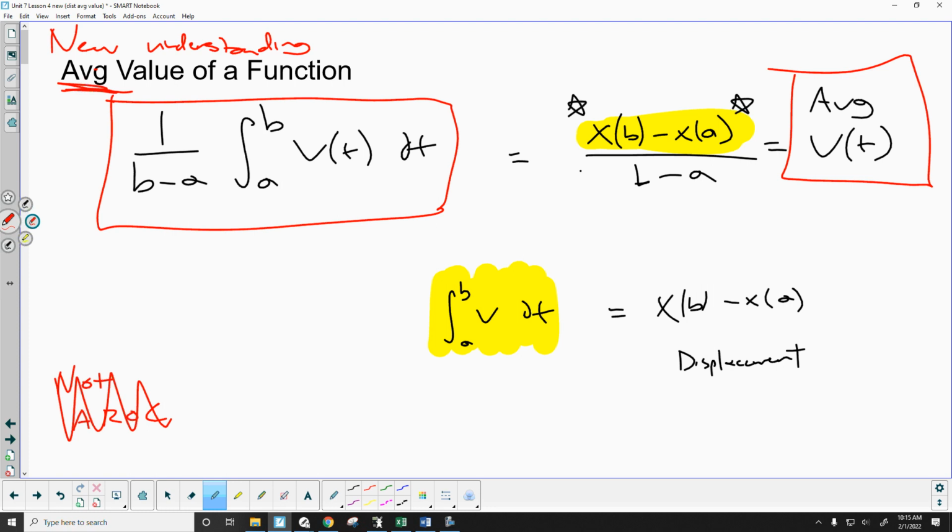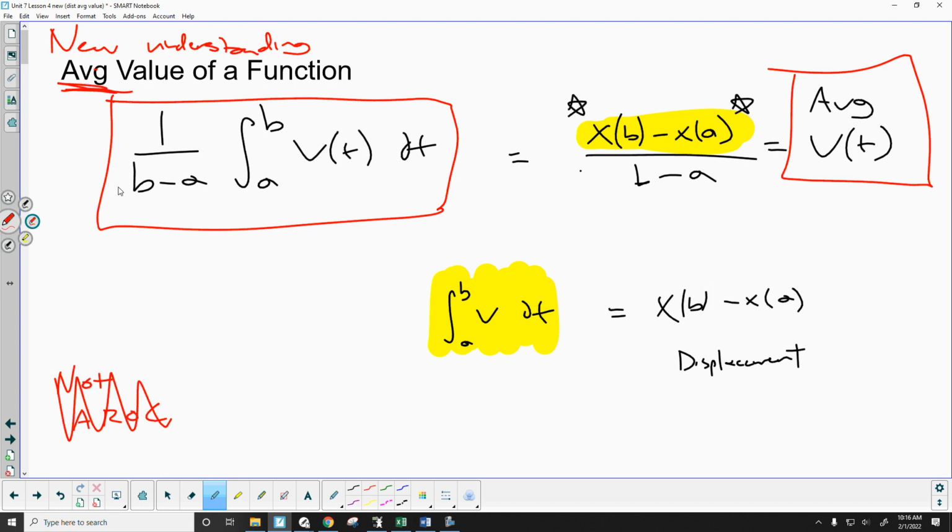Now, it's kind of like what you guys think about with average. Add up all the numbers, divide by how many numbers you have. Well, what does this integral mean to a calculator? Accumulate. Add up all the velocities. Don't divide it by the amount of velocities we have. We divide it by the interval in which we're taking those velocities. Kind of makes sense. Kind of intuitive to your understanding of average.